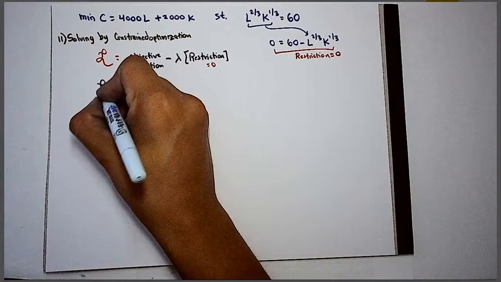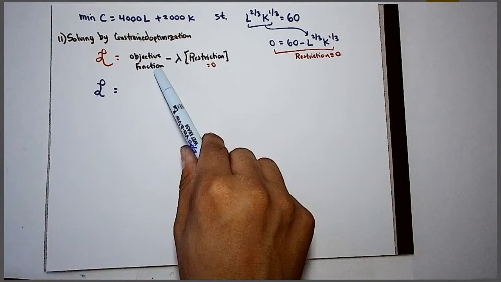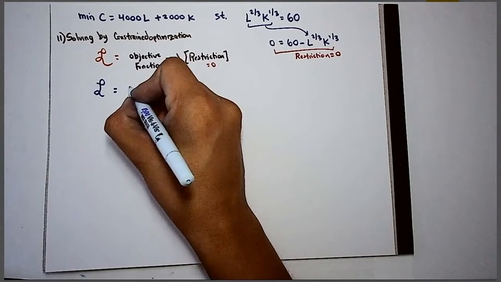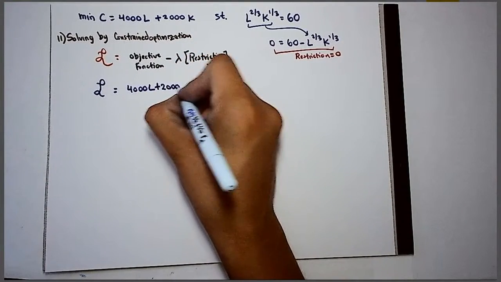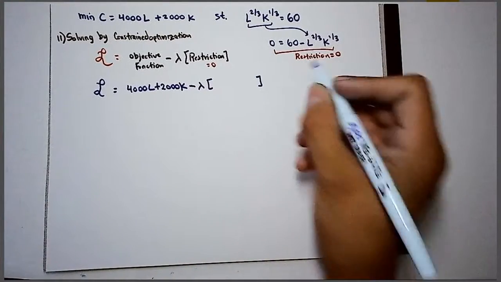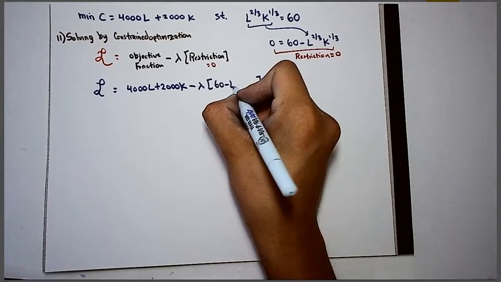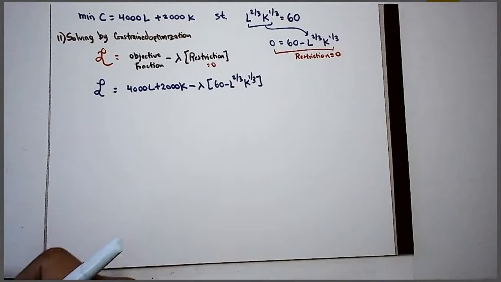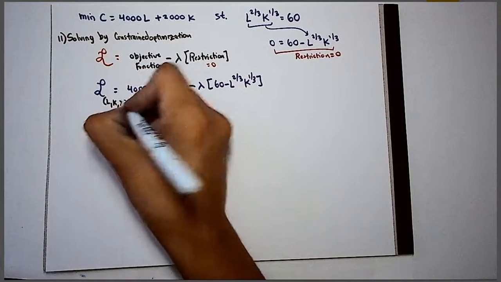So let's start by plugging in the Lagrange function. Here we need to insert our objective, which is 4000L plus 2000K, minus lambda times the restriction, which is 60 minus L to the 2/3 K to the 1/3. And we have three variables, L, K, and lambda.